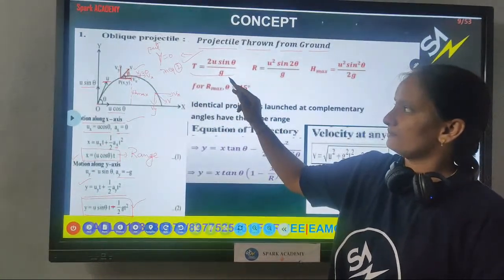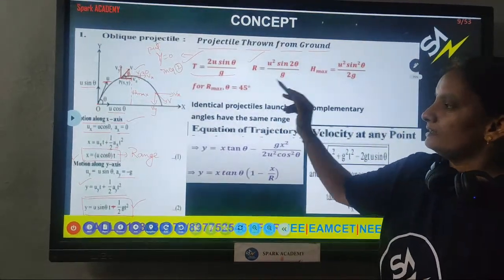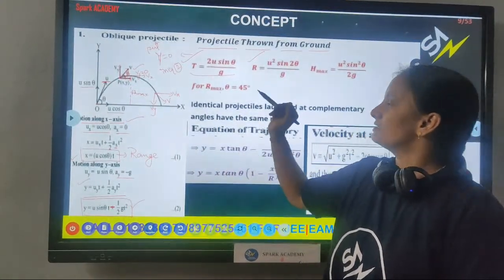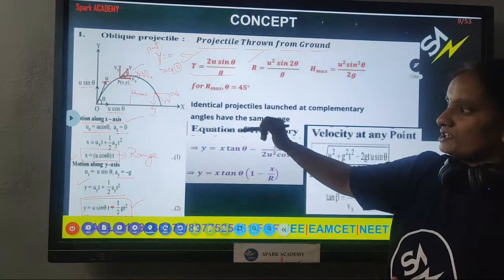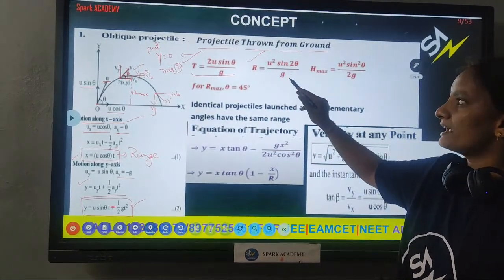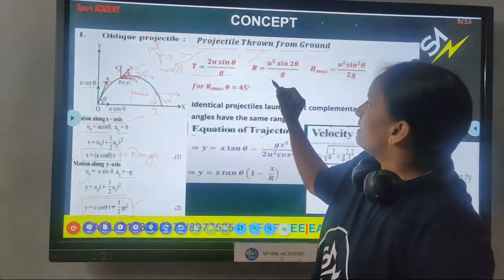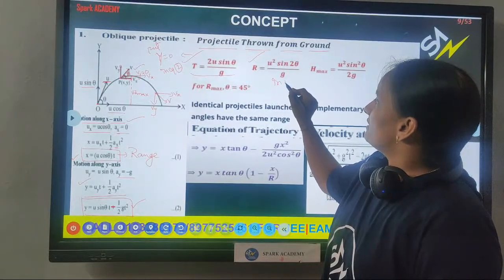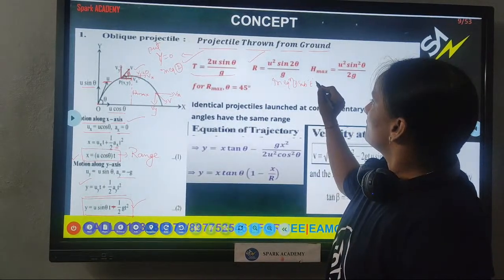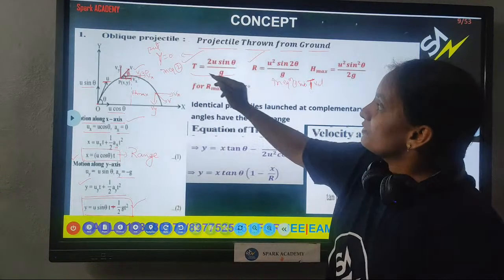Next, range. Range of the projectile is the horizontal distance covered by the object, the maximum horizontal distance covered by the object. That range is equal to u square sin 2 theta by g. Just in equation 1 substitute t value, where t is nothing but the time of flight value.